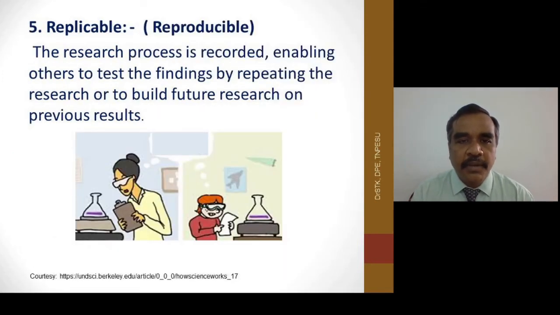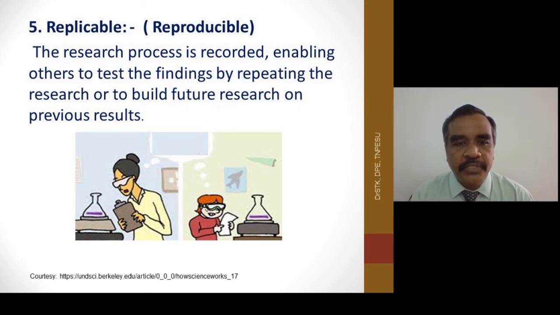The fifth one is replicable or reproducible. The research process is recorded to enable others to test the findings by repeating the research procedures or to build future research on the previous results.